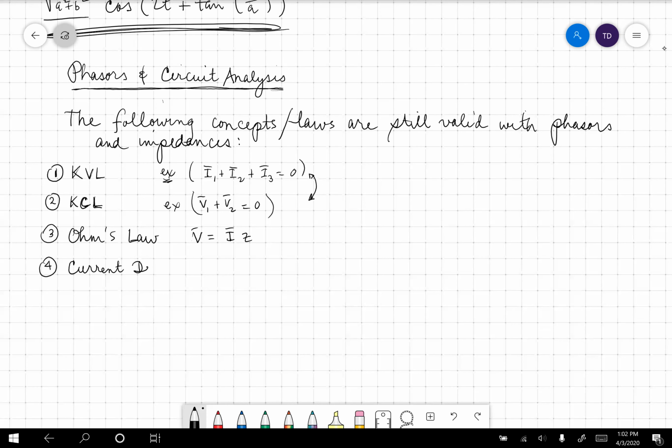Current dividers. We like using current dividers when there are 2 of them, right? So for 2, it would be I1 phasor equals the impedances, Z2 over Z1 plus Z2, times I. These are just examples.